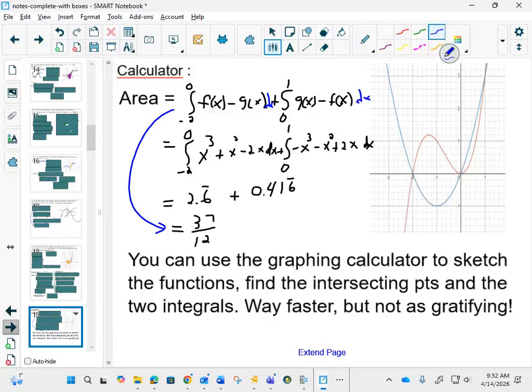Okay. The danger of a graphing calculator is you won't notice if you did the wrong things with positives and negatives. You'll just get a final answer and go, oh, I think that's correct. Which, again, if you showed no work and just said I used my graphing calculator to find the answer and your answer is wrong, there's potential you could lose a lot of marks on that question, depending on the marker.